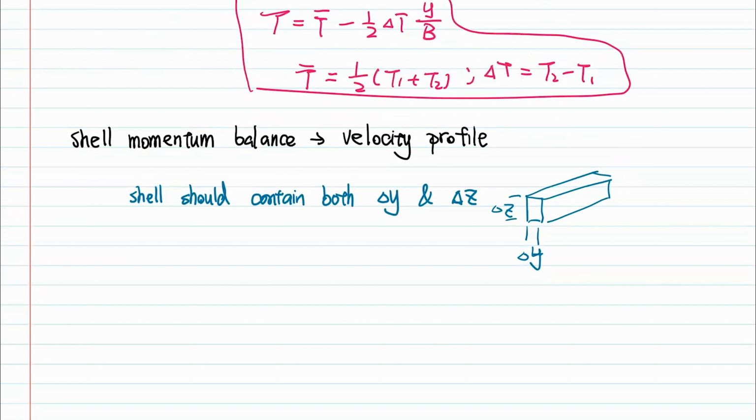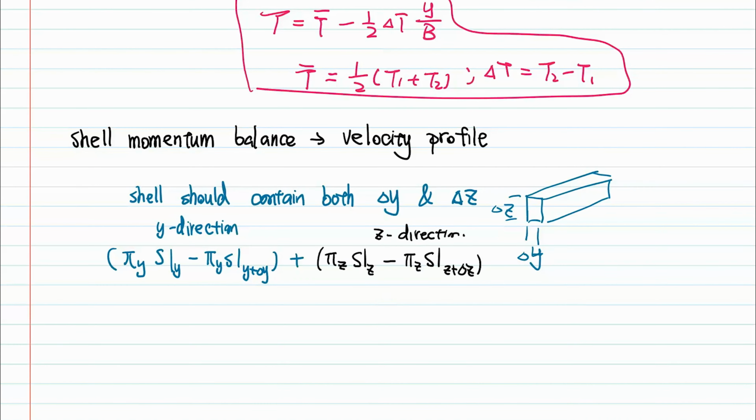Okay, so let's perform our momentum balance. Using the same idea, we have our combined stress tensor in the y direction times the cross-sectional area at y minus the same at y plus delta y, and this equals gravity, rho gz.